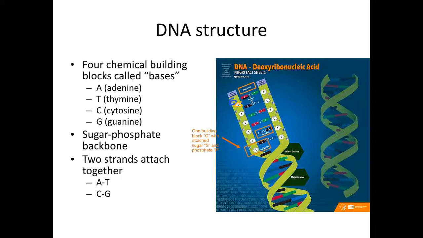The way that these are hooked up is that we've got a backbone of alternating phosphates and sugars, each sugar having one base attached to it. If we're talking about DNA, the four bases that get used are A, adenine, T, thymine, C, cytosine, and G, guanine.